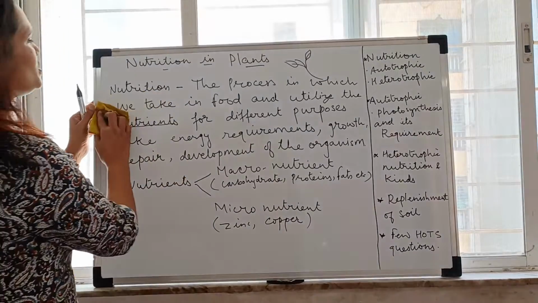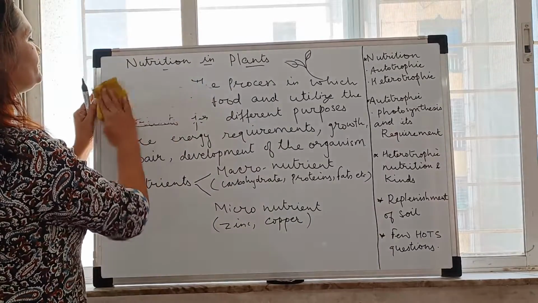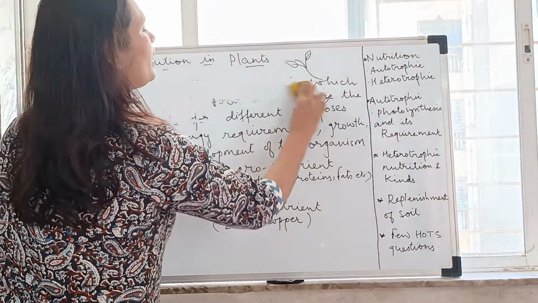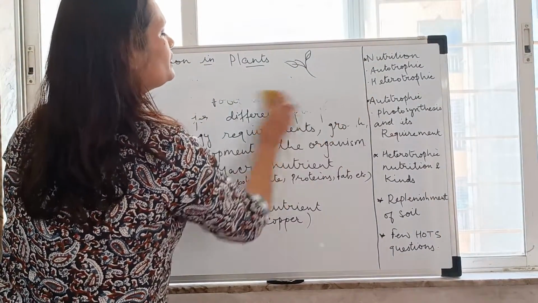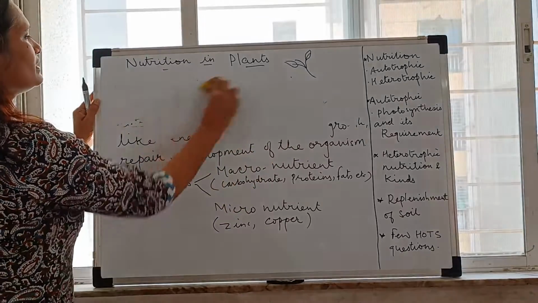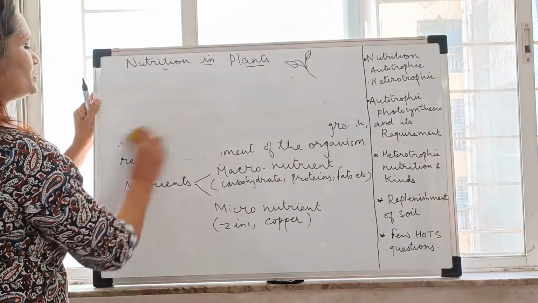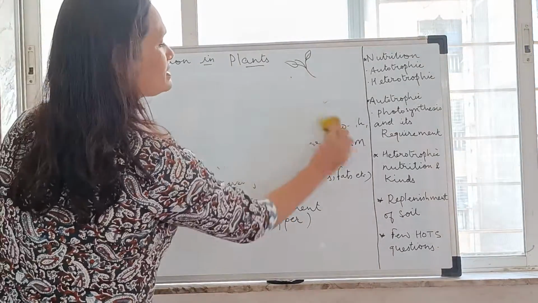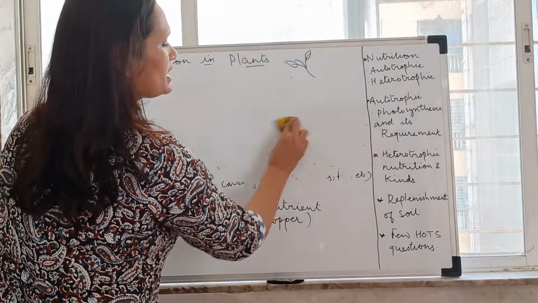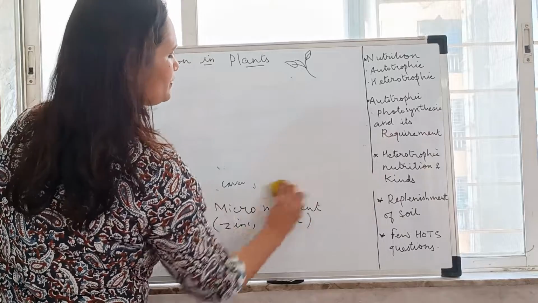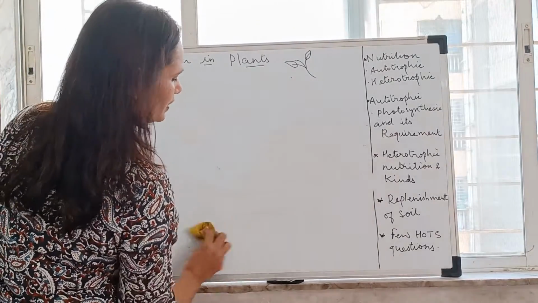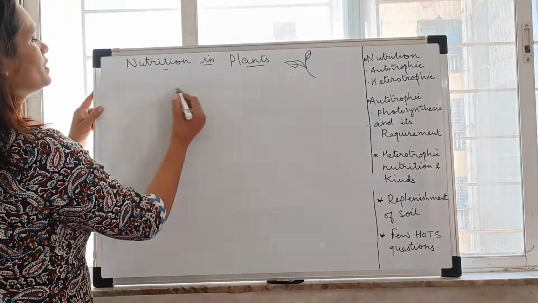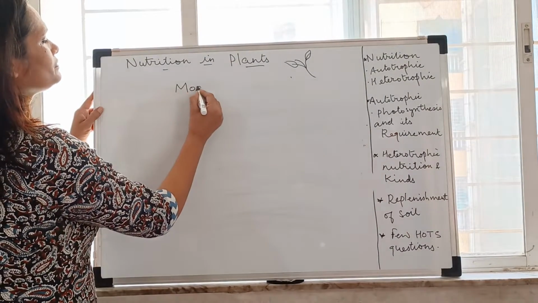So next we will talk about the modes of nutrition, or the ways how this nutrient is taken in, or how this nutrient is prepared, or how the body takes in this nutrient. So that we will discuss in the modes of nutrition.